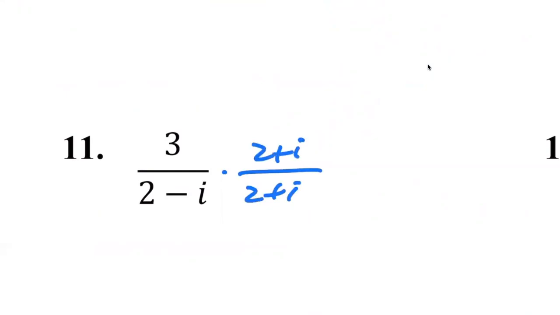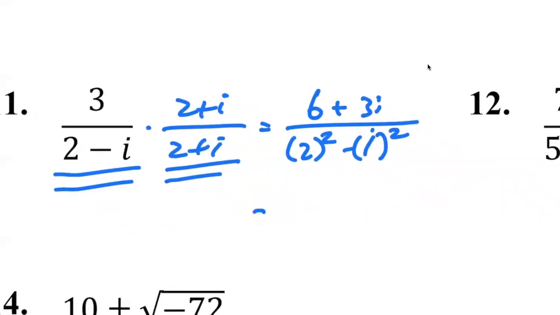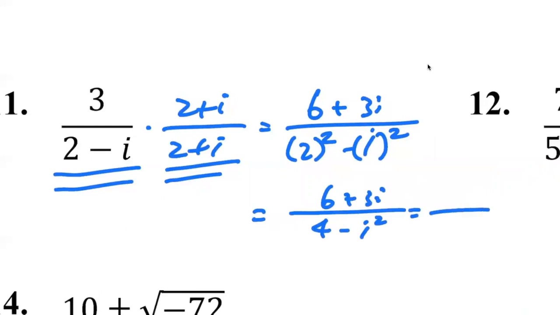And why on earth are we doing this? Because 2 minus i and 2 plus i gives you 2 squared minus i squared. The top will be just a little bit of a mess, but it's okay. Then the denominator is going to be 4 minus i squared. And do you know what i squared is? i squared is negative 1. So therefore, it's 4 plus 1 in the denominator, 6 plus 3i in the numerator. So the denominator just becomes 5. So 6 plus 3i over 5 is your final answer.